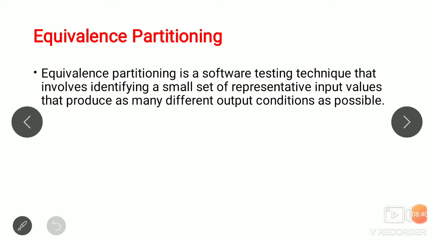This reduces the number of permutations and combinations of input as well as output values used for testing, thereby increasing the coverage and reducing the effort involved in testing. The set of input values that generate one single expected output is called a partition.